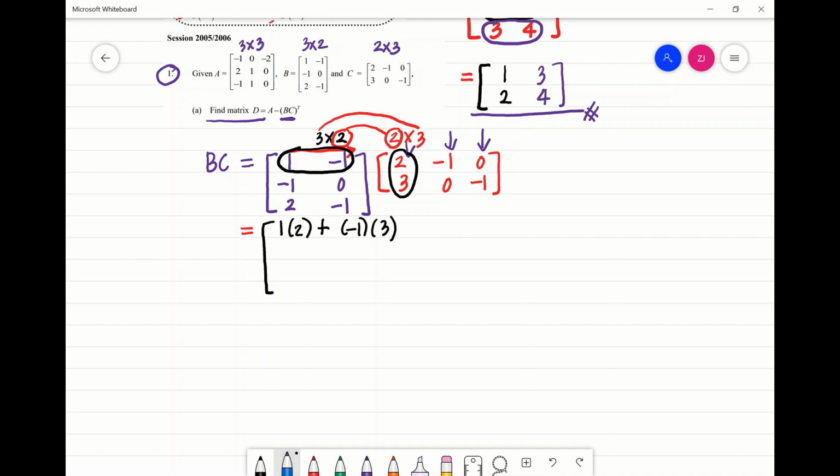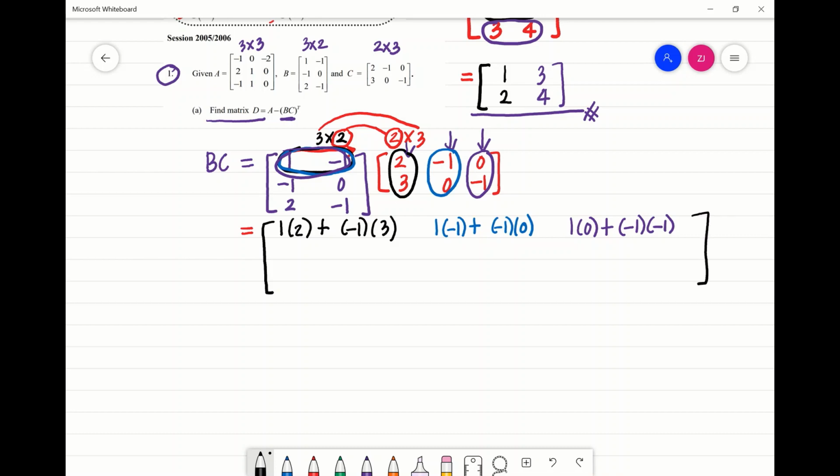Then next we will have this first row multiplied by the second column, so we will have 1 times -1 plus -1 times 0. And next we will have the first row multiplied by the third column, so we will have 1 times 0 plus -1 times -1. And we close the bracket here because it's a matrix.